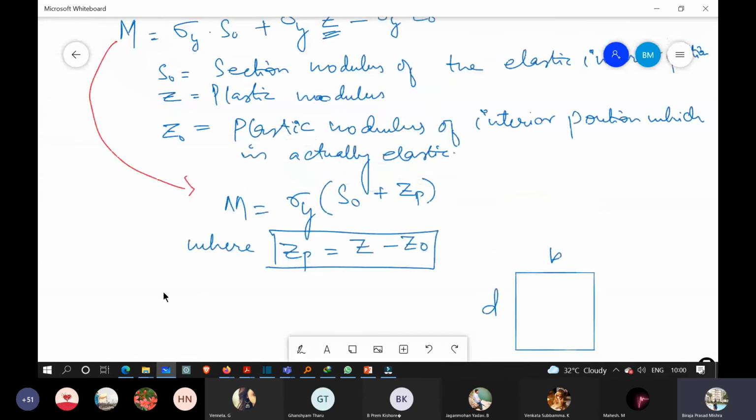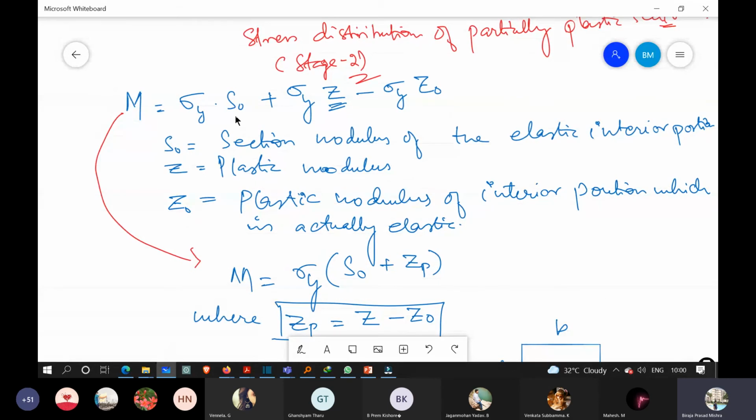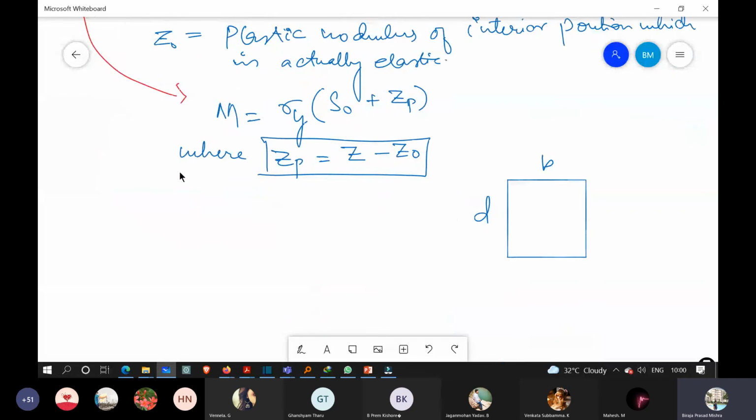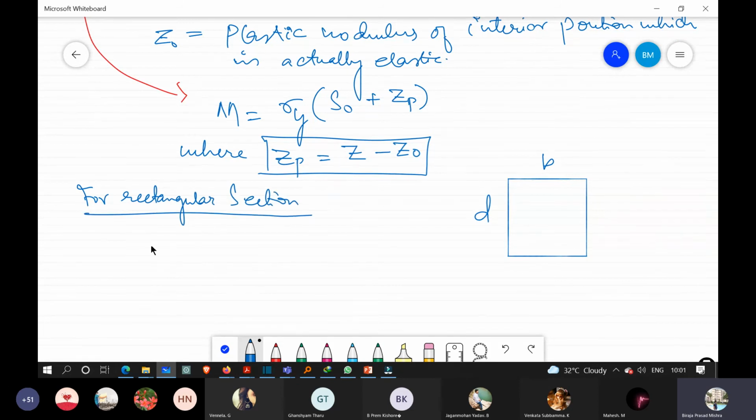What will be the value of S0 for a rectangular section? So please write down here. For a rectangular section, S0 equals b into (2y0) whole square divided by 6.